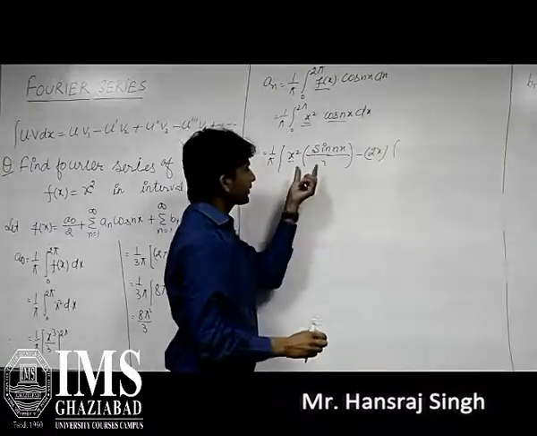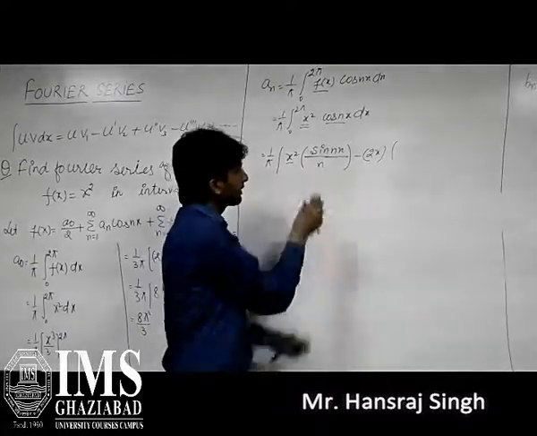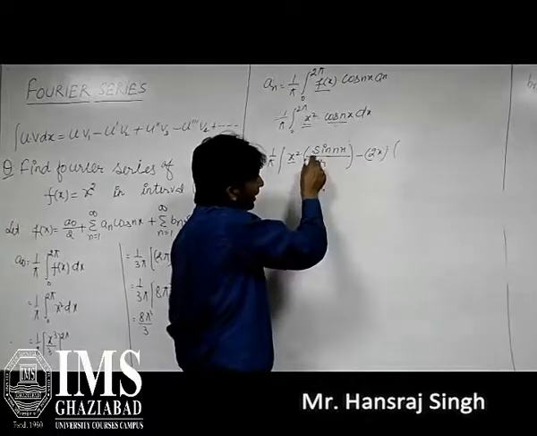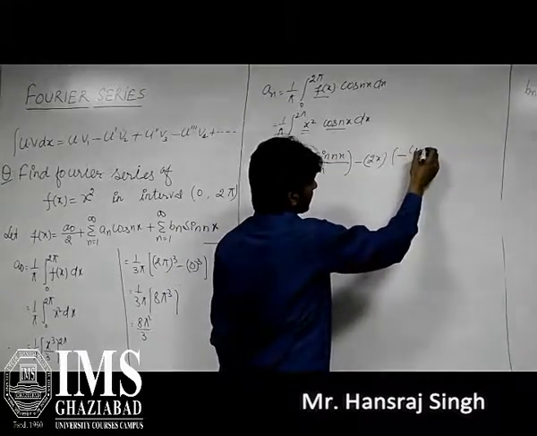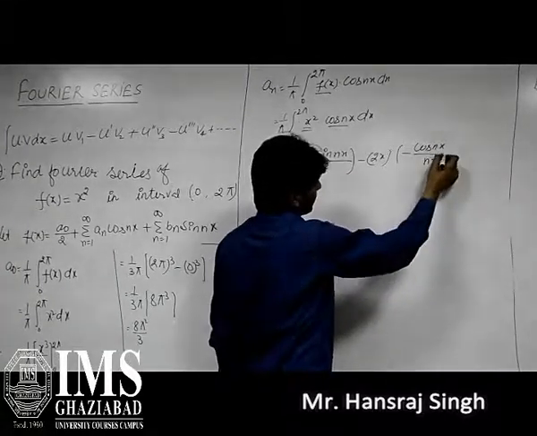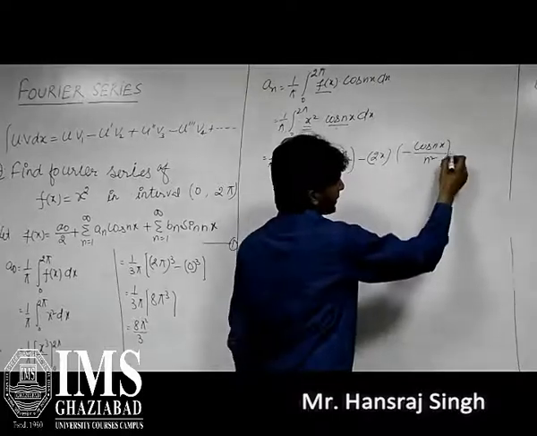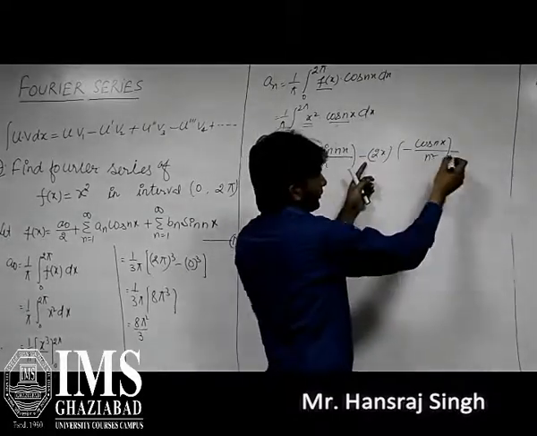I repeat again, students, all the terms we treat as they are, we do not calculate, that is, we integrate sin nx/n. So the integration of sin nx is minus cos nx, and here n is squared, minus the differentiation of the first, so the next term is plus.